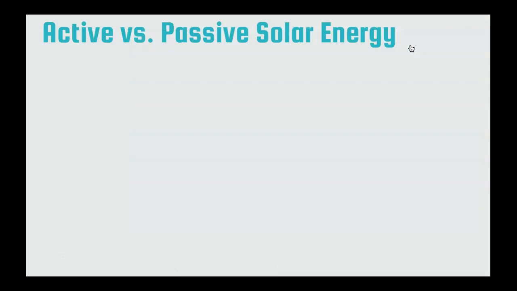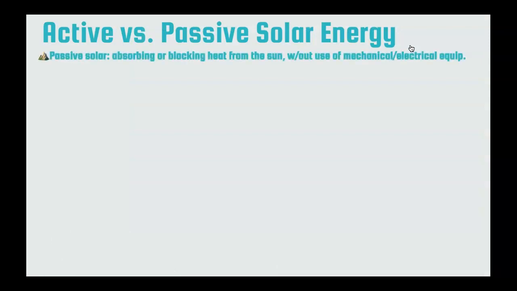So let's first talk about this active versus passive solar energy distinction. We talked about this a little bit in class, but passive solar is basically we're not using any mechanical or electrical equipment. We're simply absorbing or blocking out heat from the sun depending on the time of year and what we're looking to do.